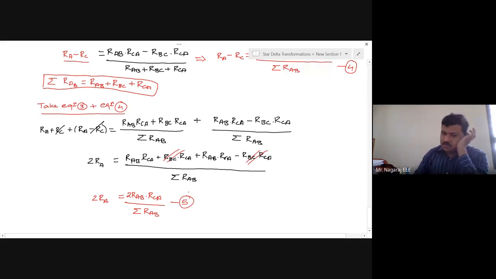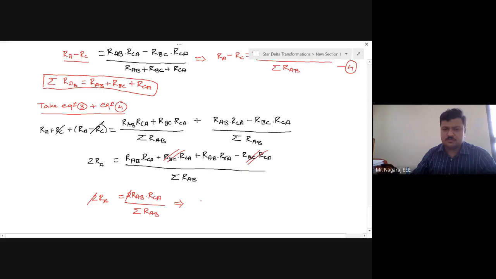Now if I want to find RB or RC, I have to subtract or add the equations similarly. So the 2 and 2 will cancel out on each side.